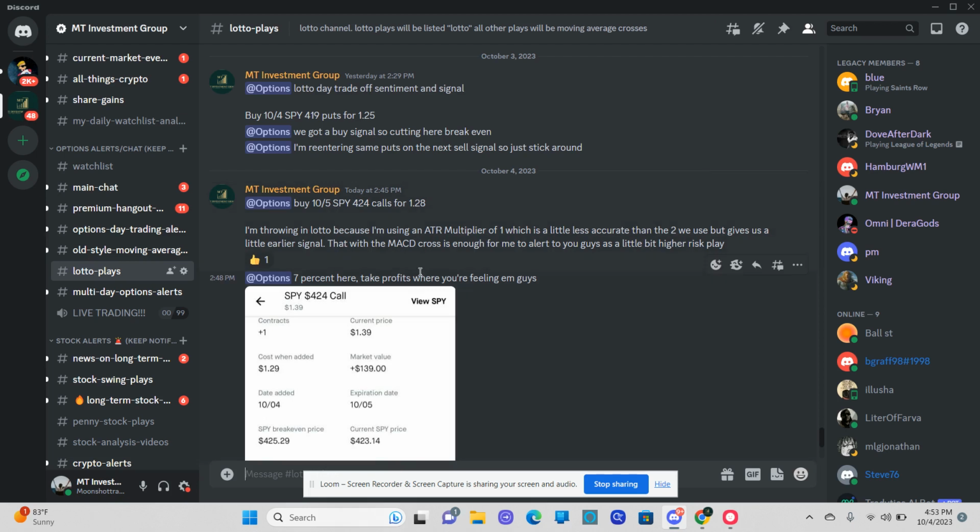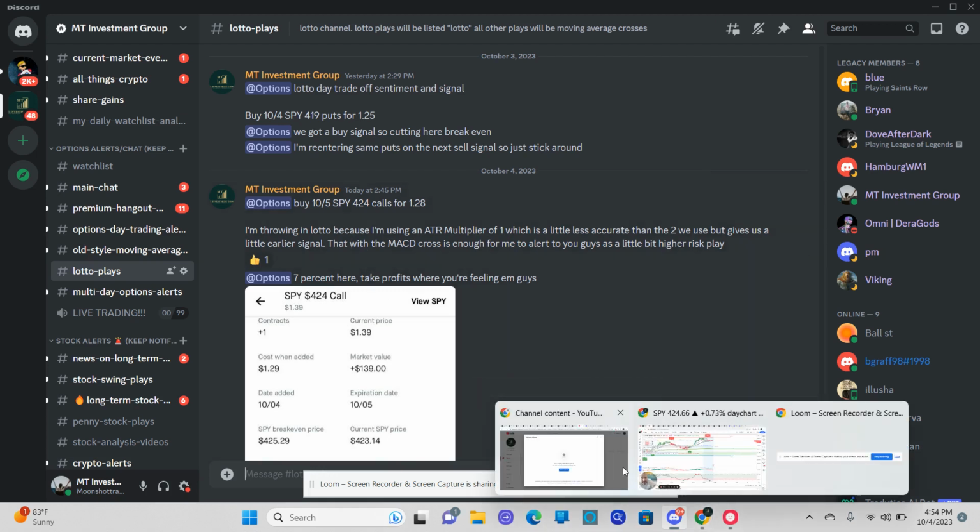I'm throwing this in the lotto because I'm using an ATR multiplier of 1, which is a little less accurate than the 2 that I tell you guys to use. You get a little bit earlier signal, but it's a little bit less accurate. The sensitivity is just turned up a little bit with it on 1, the lower number. But we also had a MACD cross, so I was like, all right, I'm feeling this right here.